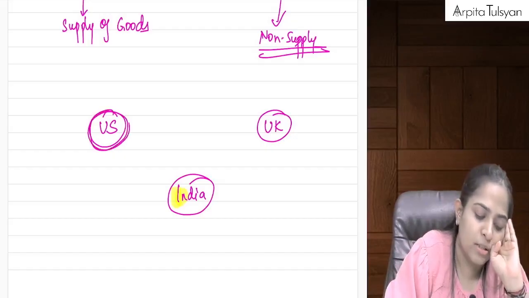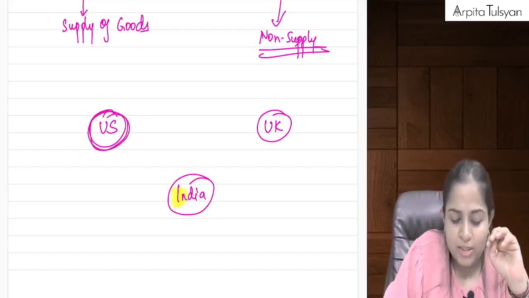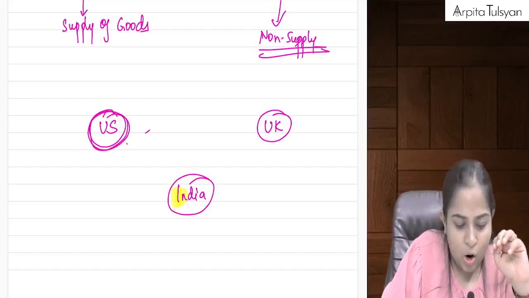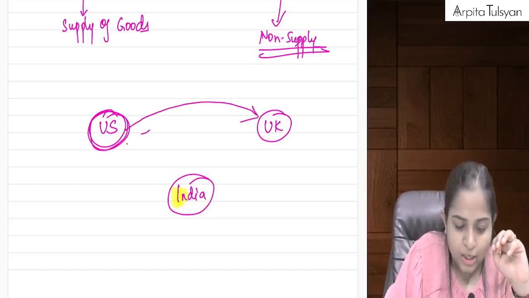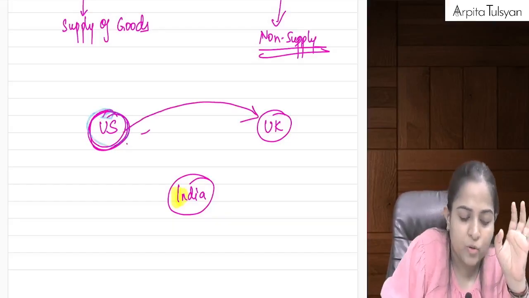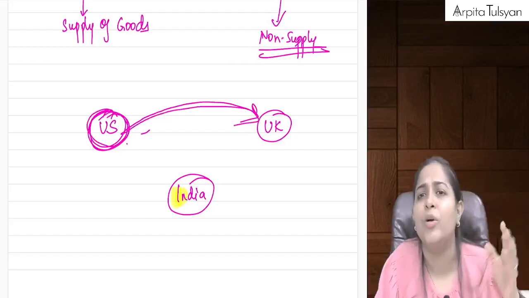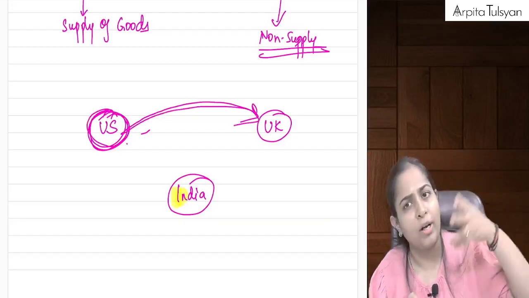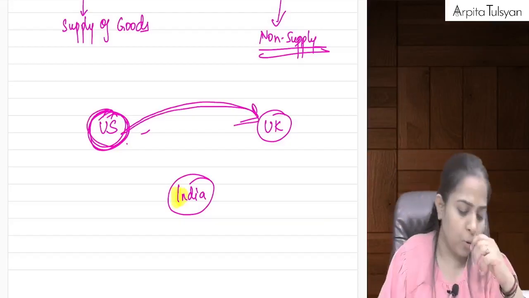You will source the goods from the US, and the goods are not going to touch India. You are instructing the US to send the goods to your customer in the UK directly. What's the point in calling them to India and then sending them to the UK?